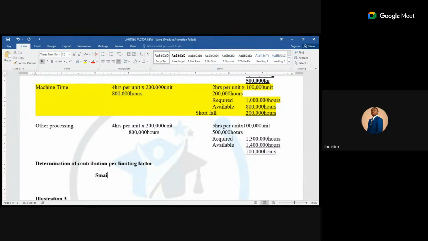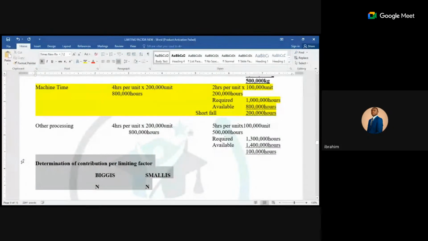Is it smallest or biggest? Biggest. Please, this naira sign is very, very important.